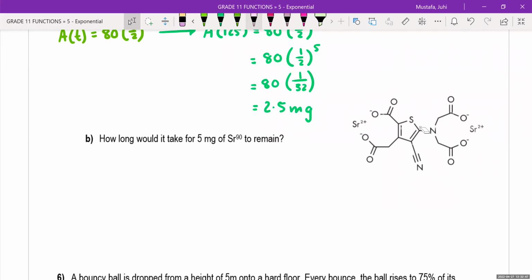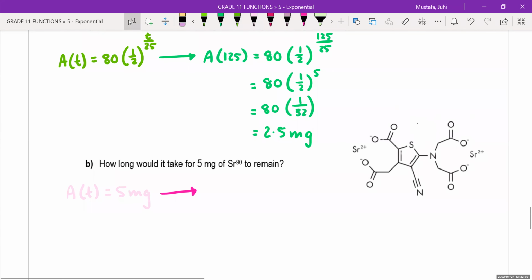So we're going to now say A of T is equal to 5 milligrams, and we're going to put that into the equation that we have developed. So it's going to be 5 is equal to 80 bracket a half to the power of T over 25. And now we're trying to solve for T.